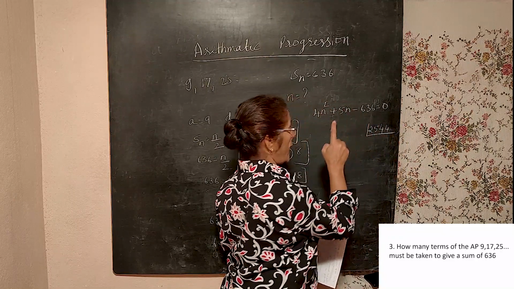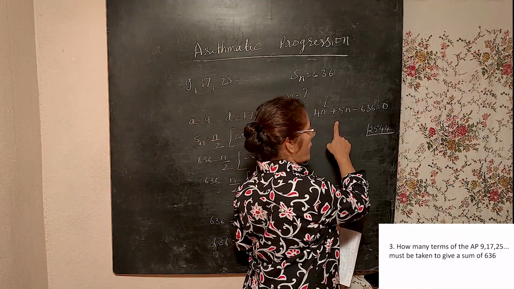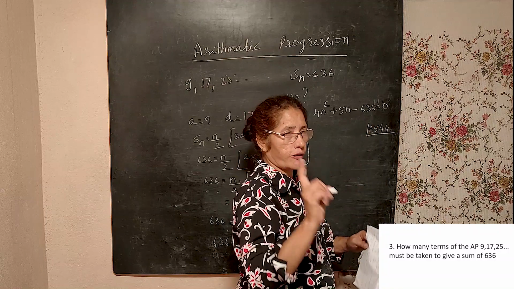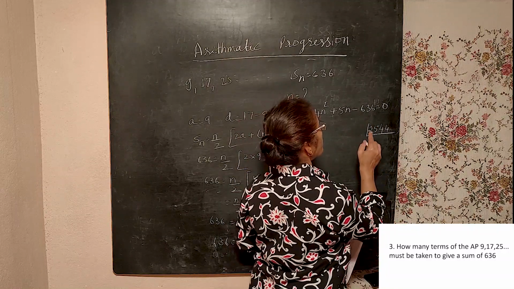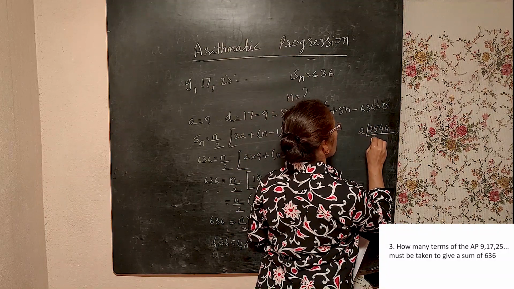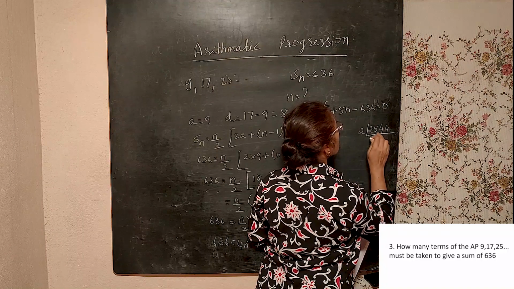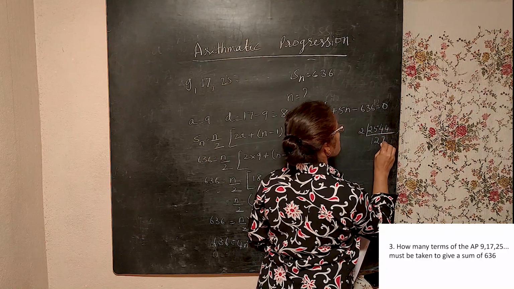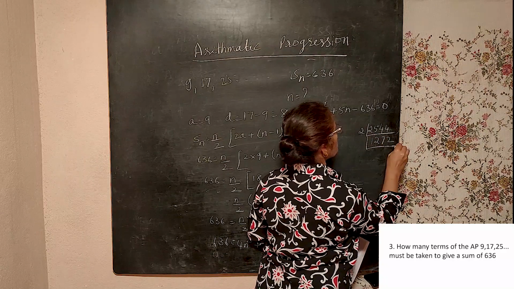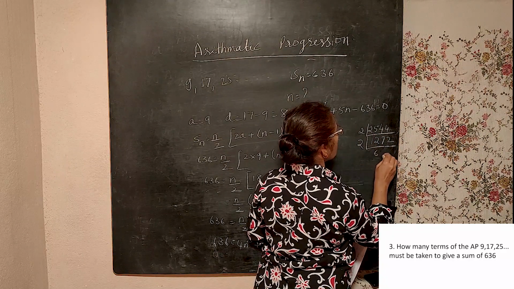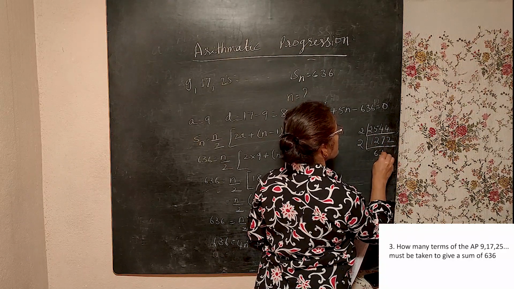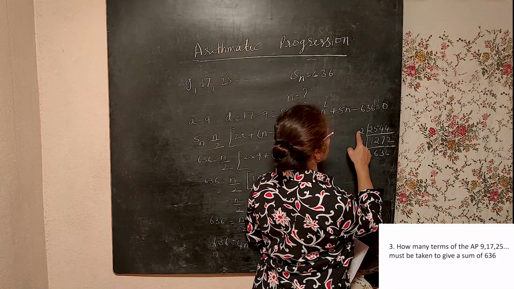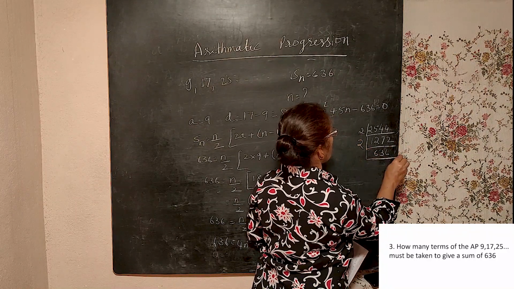In order to get the sum as 5, you have to go on dividing. You have to find the factors. So let us divide by 2. 2 ones are 2, 2 twos are 4, 2 sevens are 14. Again 2. 2 sixes are 12, 2 threes are 6, 2 thirty-sixes. Not possible.